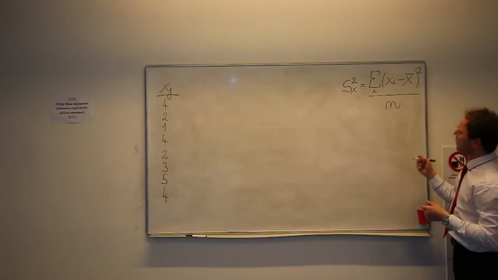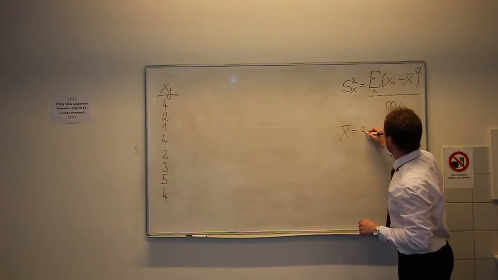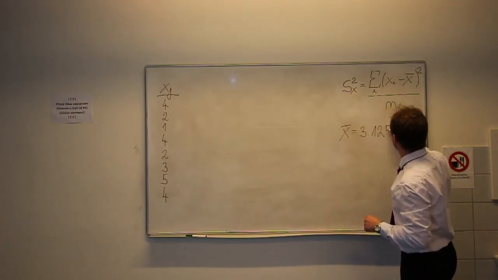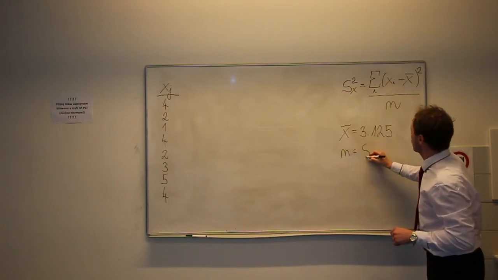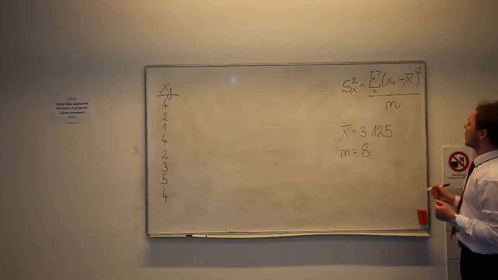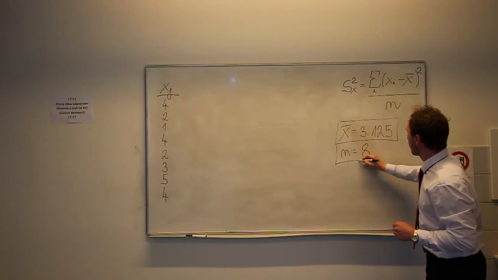So what we already know is that x with stripe is equal to 3.125, and n, the sample size, is equal to 8 prisoners. Yes? Okay, so this is known.